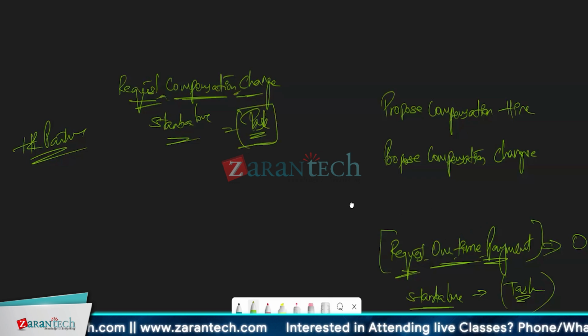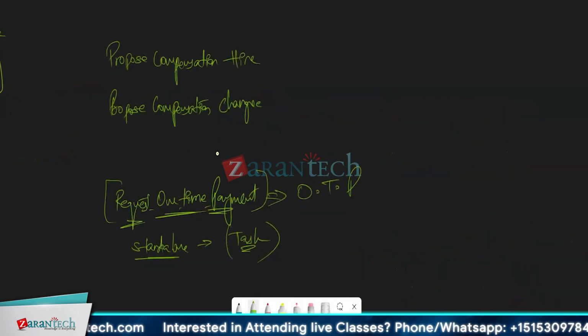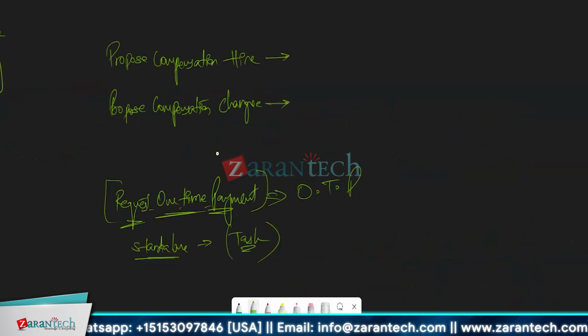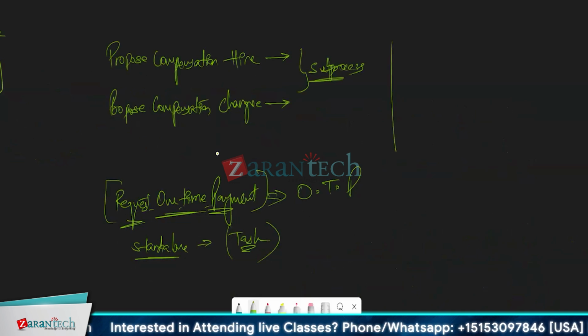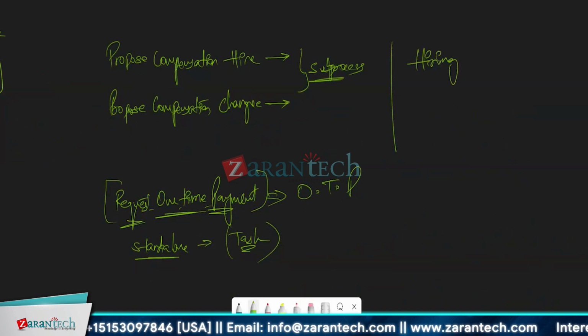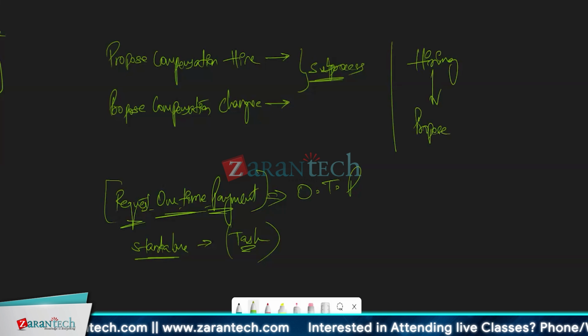Now, these two business processes, propose compensation hire and propose compensation change, are used as sub processes in Workday. Propose compensation hire is used as a part of the hire business process. So whenever you are hiring an employee, you will be initiating propose compensation hire.